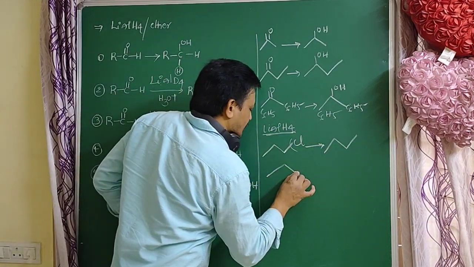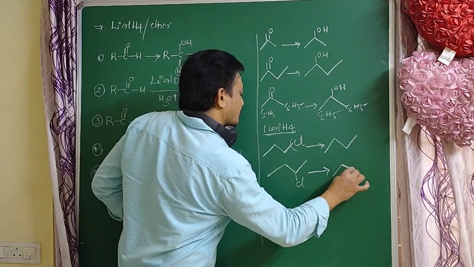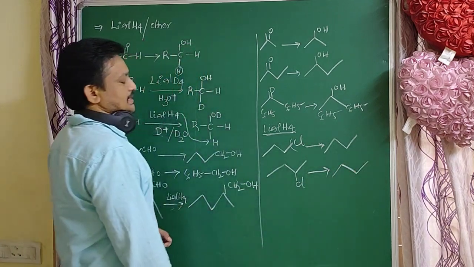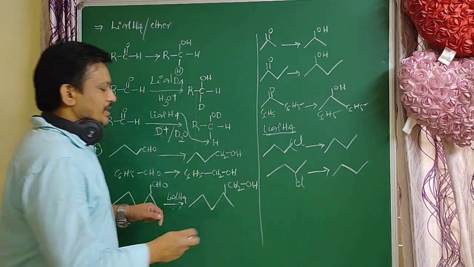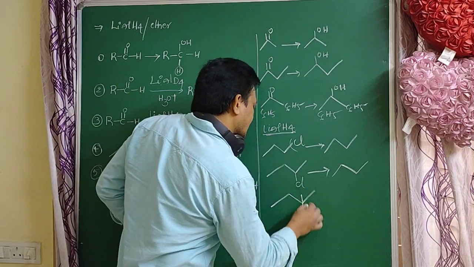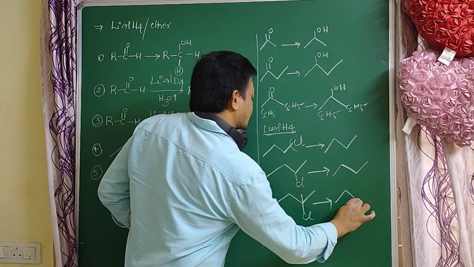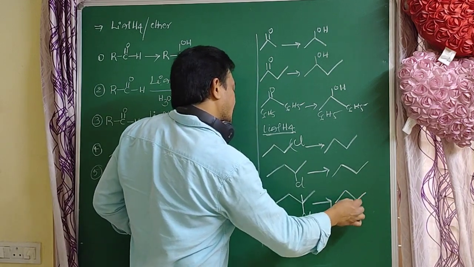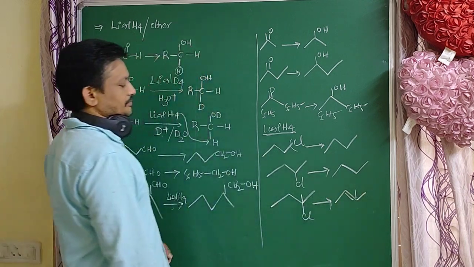Secondary alkyl halides are also converted to alkanes, but tertiary alkyl halides are converted to alkenes. That is very important.